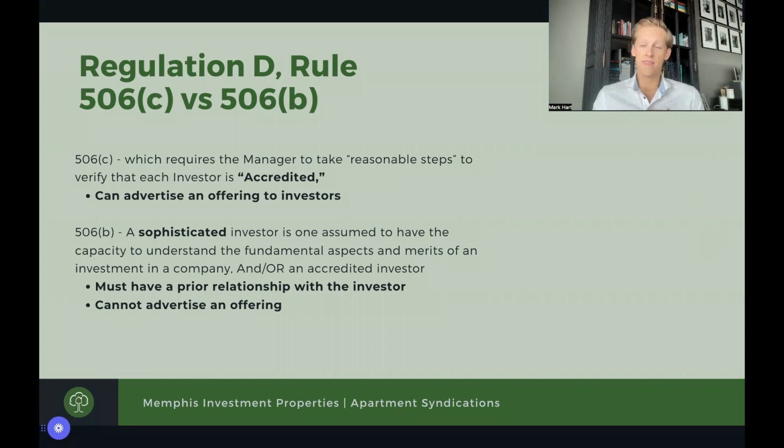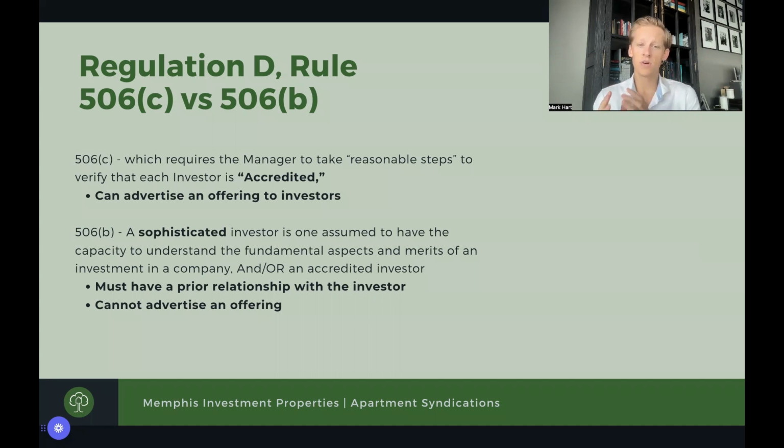So next up, you're going to see the formal names. This is called Regulation D of the tax code, Rule 506C versus 506B. So there's two, and they're different. Very, very important. So 506C is C as in Charlie, which requires the manager to take reasonable steps to verify that each investor is an accredited investor.